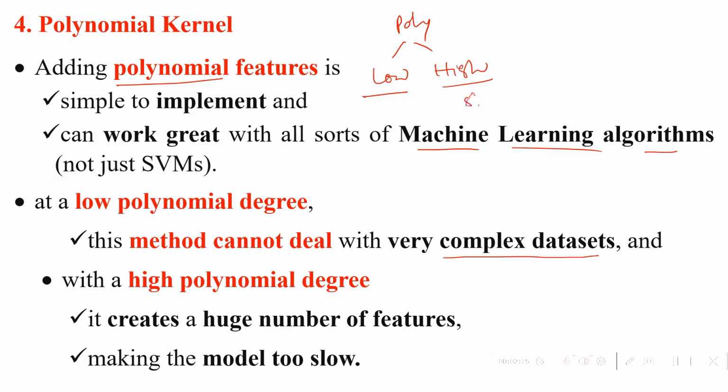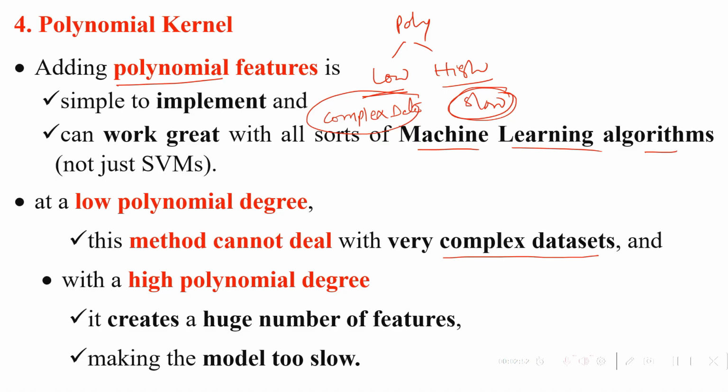It will not work fast because of the huge number of features. These are the two drawbacks of polynomial features.